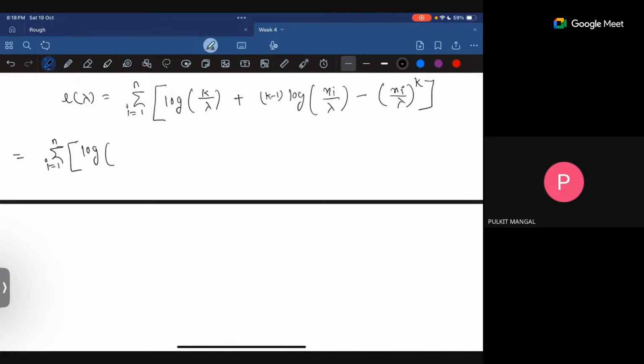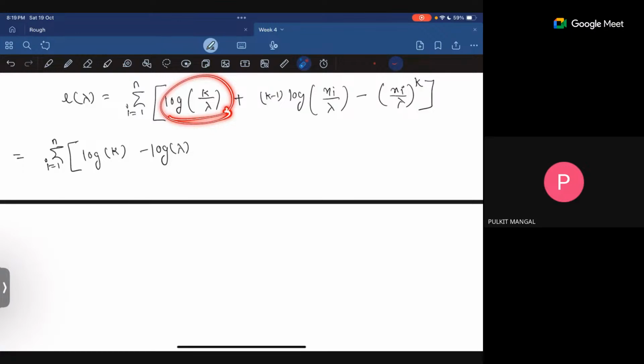It is log of k by lambda, now plus k minus 1. Can I write this as log of k minus log of lambda?